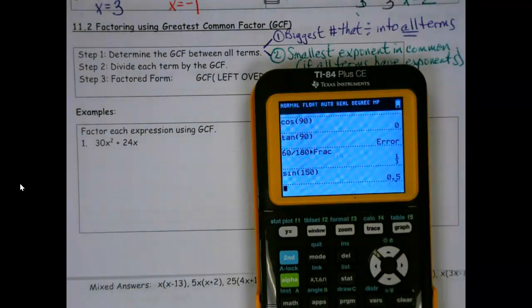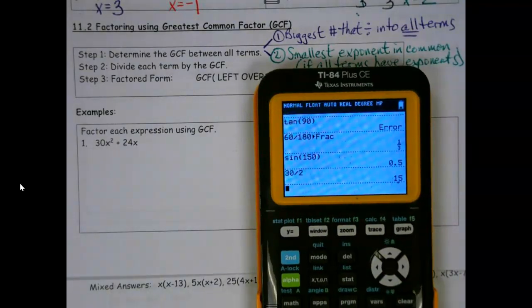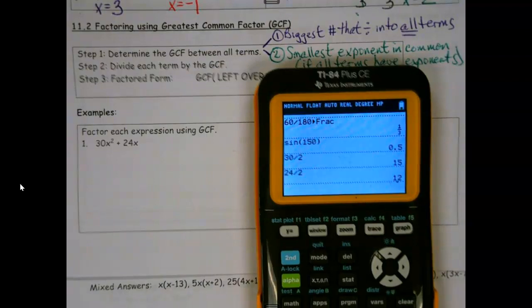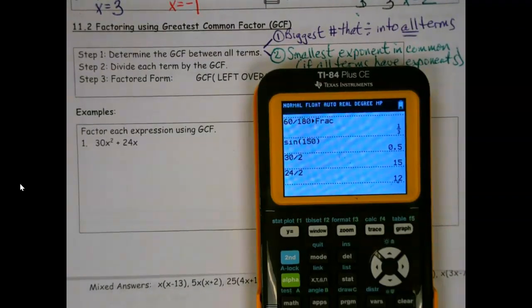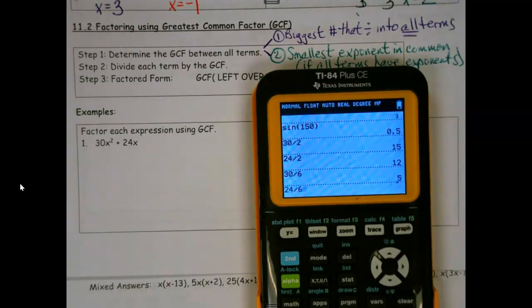So we're like, okay, like I said a minute ago, I know 2 goes in, that's cool. Well, what about, what's that? 6, okay. Ooh, now that's looking pretty good. How do I know if it's the biggest one?